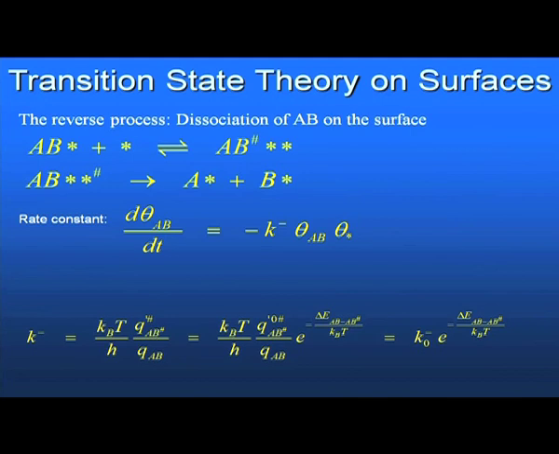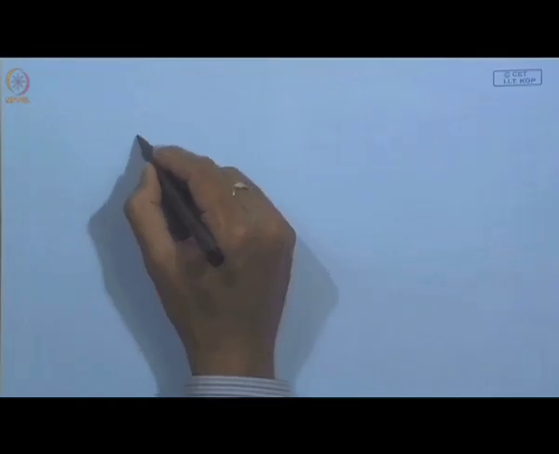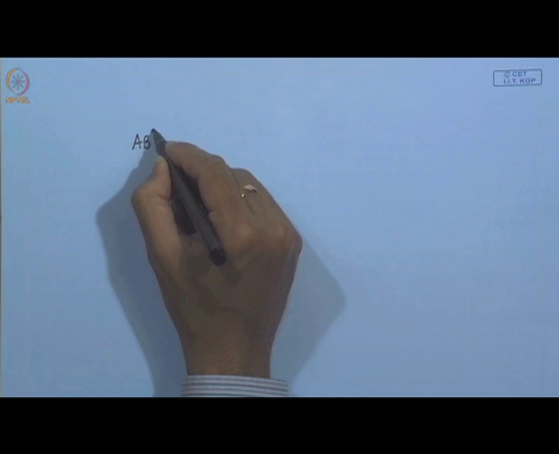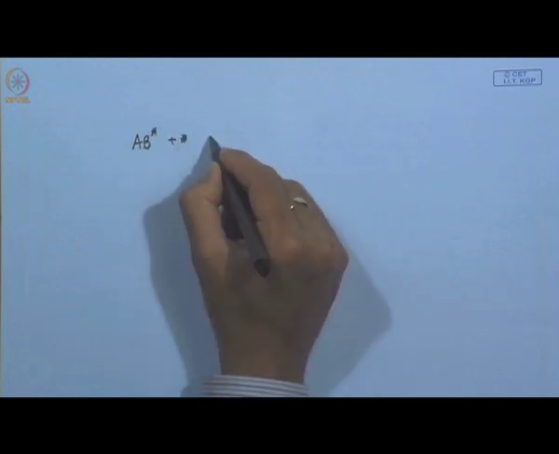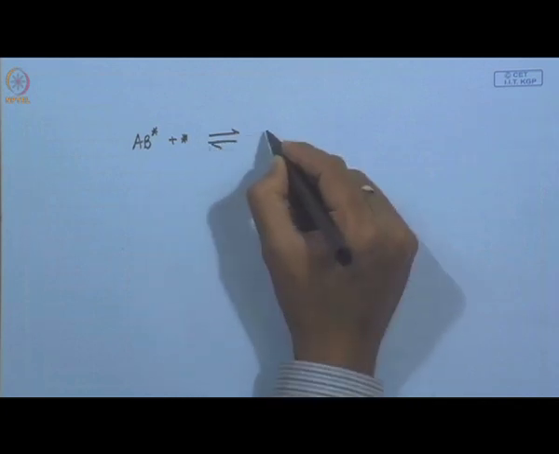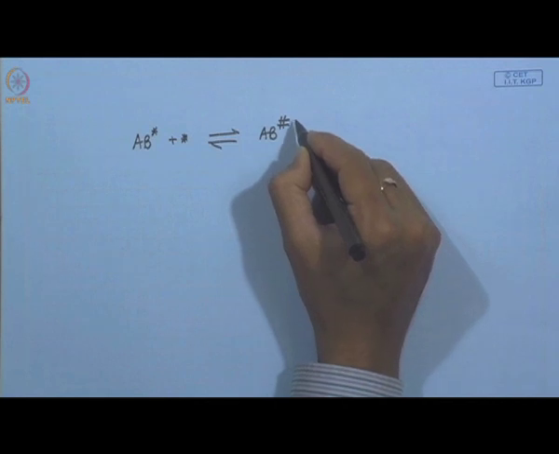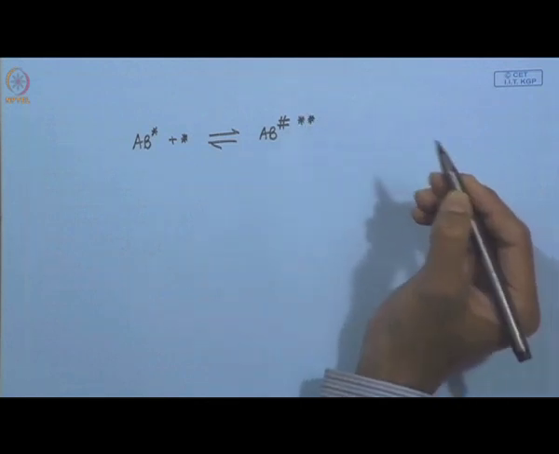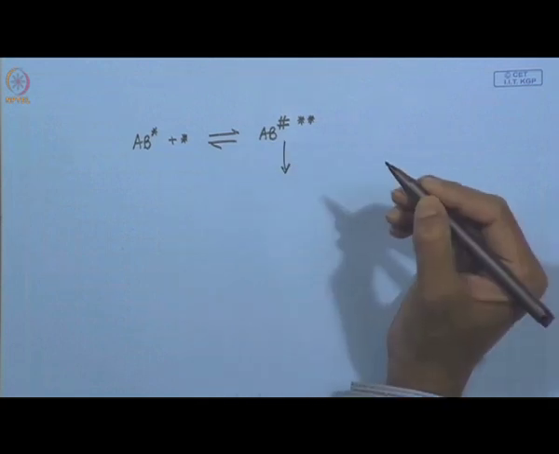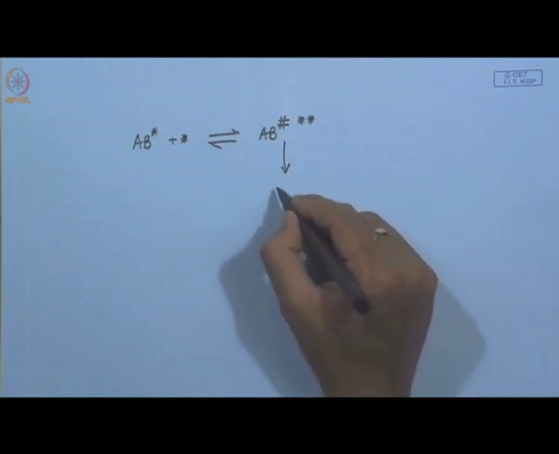So, then the scheme will be like this: AB star plus star giving rise to AB double dagger, then this will dissociate. That is basically the reverse process.